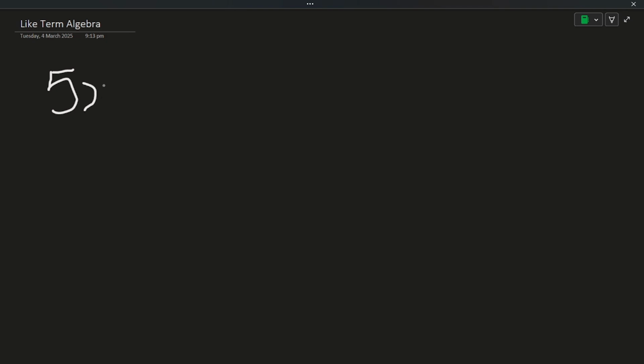I'm just writing an equation. 5x plus, let's say 6 is equal to, and let's just leave it like that. I'm just trying to explain what this is all about. So this number here, this is called a constant. So I probably should write that.